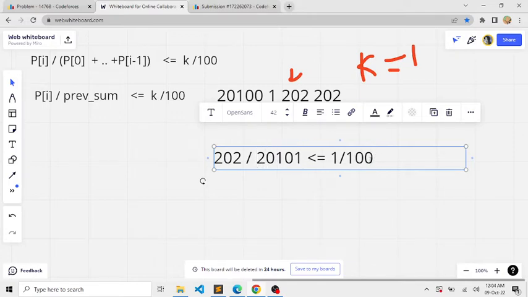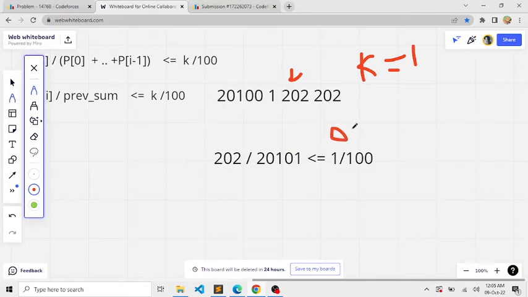Okay, cool. Now if we try to calculate this with the help of a calculator, you'll notice that the RHS is 0.01, but the LHS is 0.0104 or something, sorry, 0.043. So as you can see, the LHS is greater than the RHS and the condition is not satisfied.